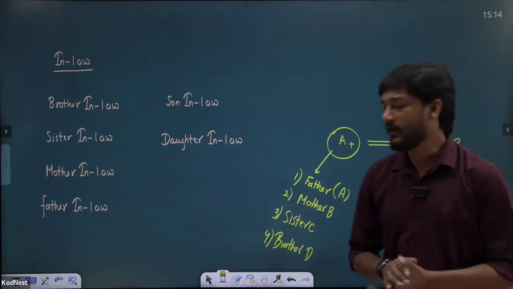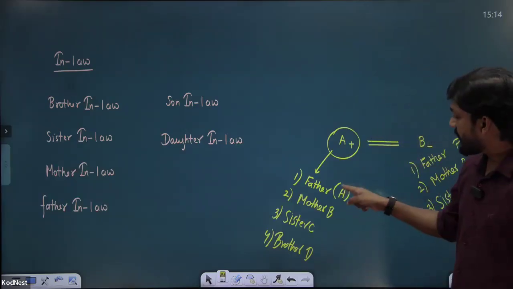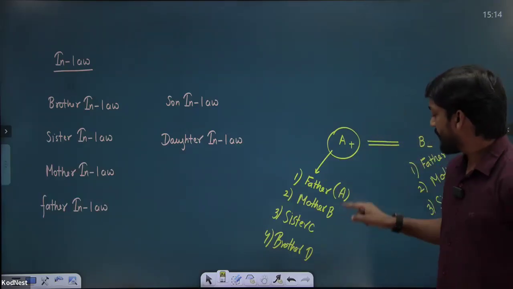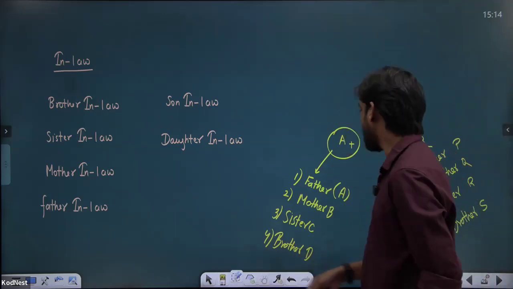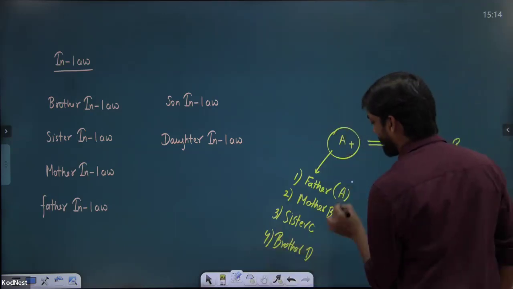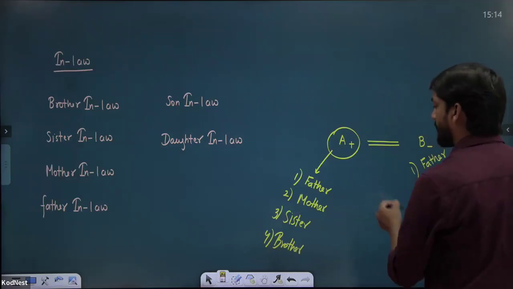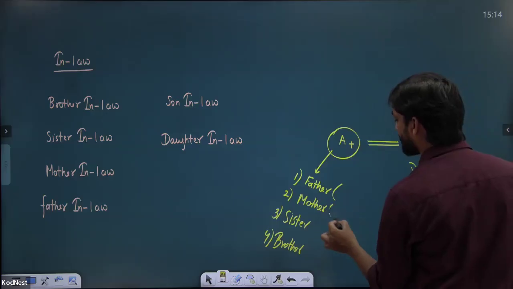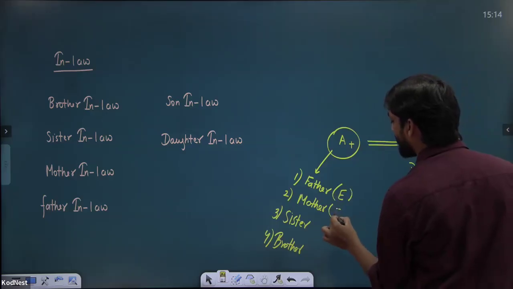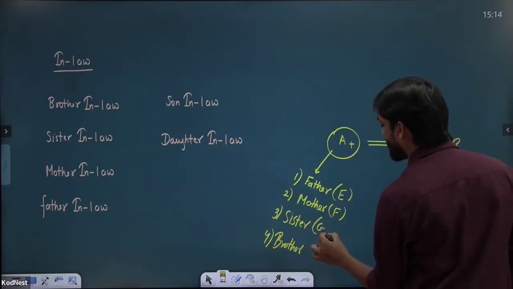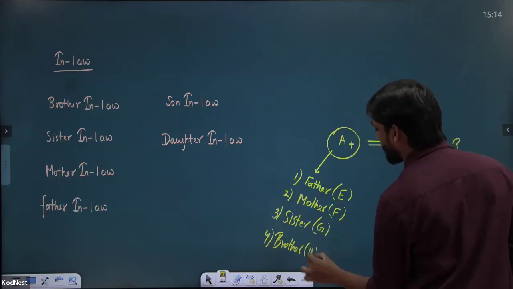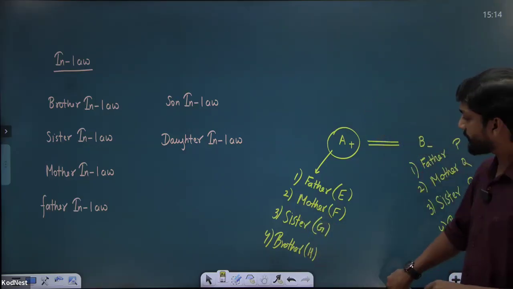Now tell please very carefully. A is the father of, sorry, I should take something else. Okay, let's take E, F, G, H. All right, now think.